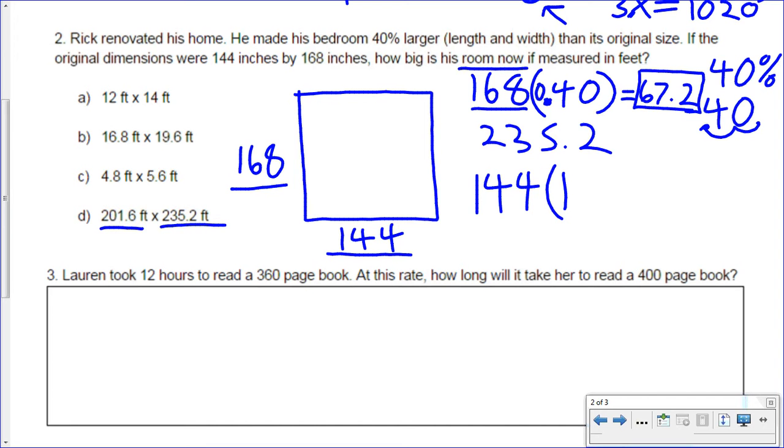So if you'll remember back to our initial problem, we added this back to our original 168. Well, essentially multiplying the 144 times 1 will give us 144, so it keeps the 144 with us without us having to find out 40% and then add it back to the 144.